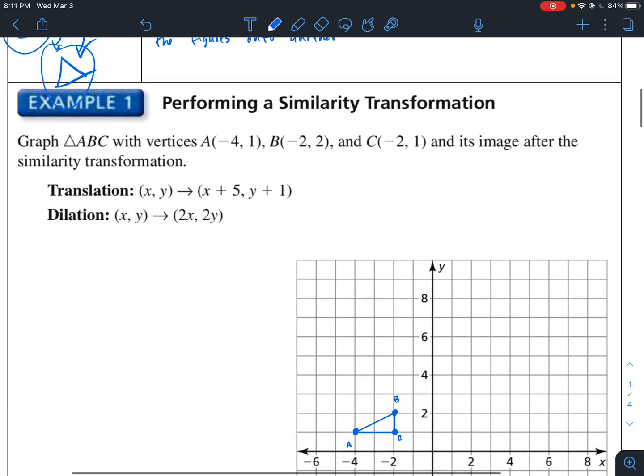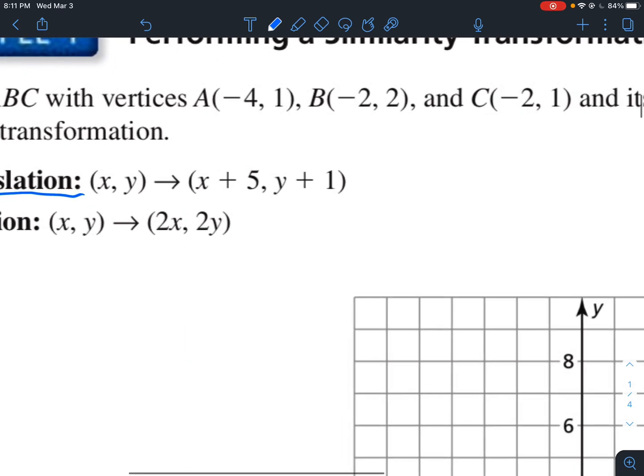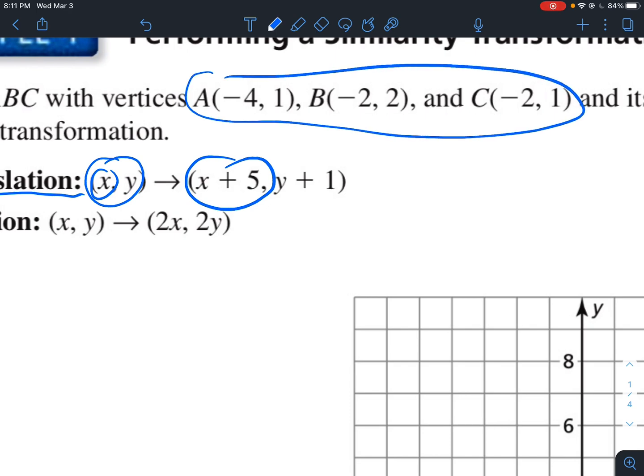This is a new one, a translation. When you have a translation, you simply take x and add to it what it tells you to add. Basically, the x is shifting to the right 5 and the y is shifting up 1. So a translation is a movement, a shift.